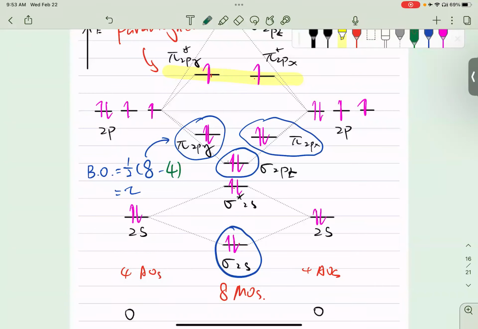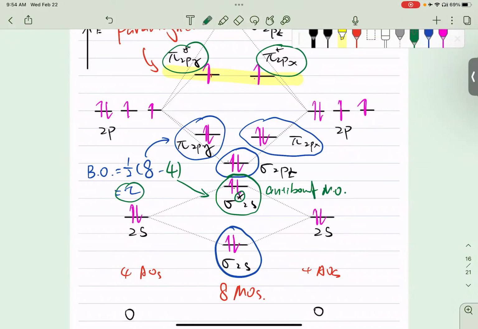Then in the equation, we look at electrons in the anti-bonding molecular orbitals. For example, here we have a sigma star. That star means it is an anti-bonding MO. And then we have 2 electrons in the pi star molecular orbitals. So in total, we have 4 anti-bonding electrons. Plugging in the numbers, we end up with the bond order in oxygen being 2.